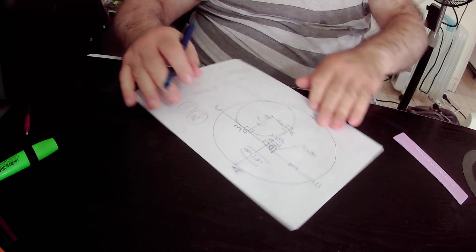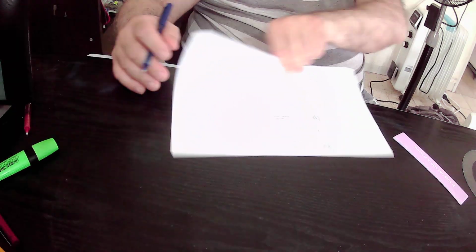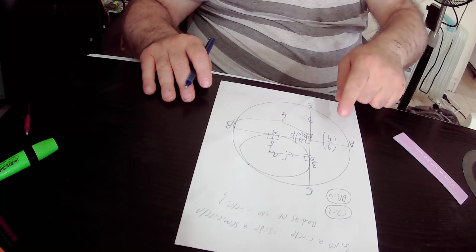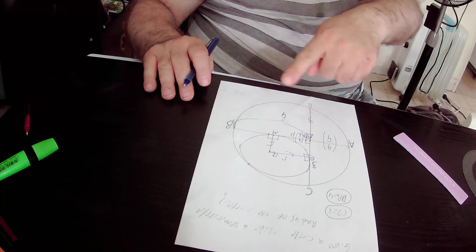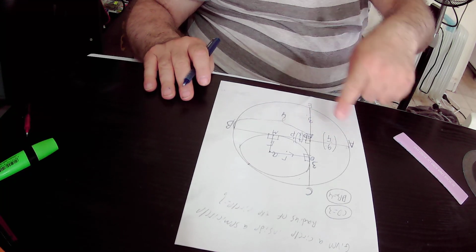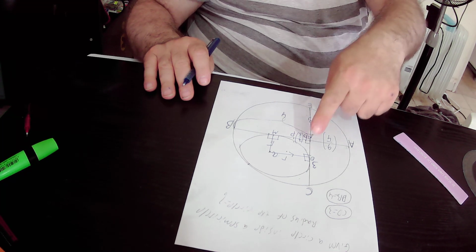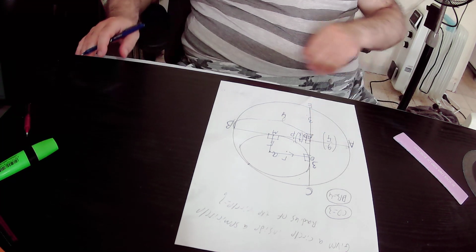In the next step, we will focus on quadrilateral OQDM. In quadrilateral OQDM, we have 1, 2, 3 right angles. So write it down.